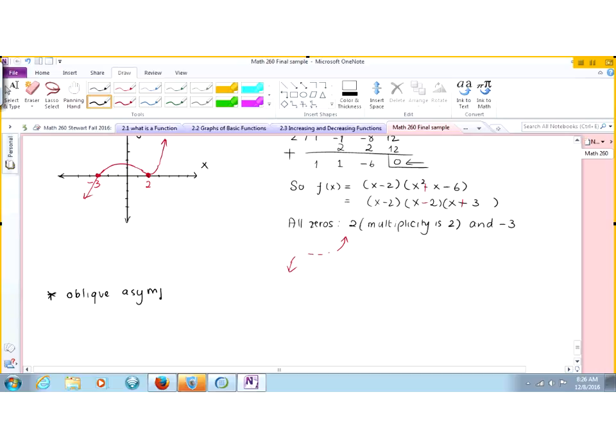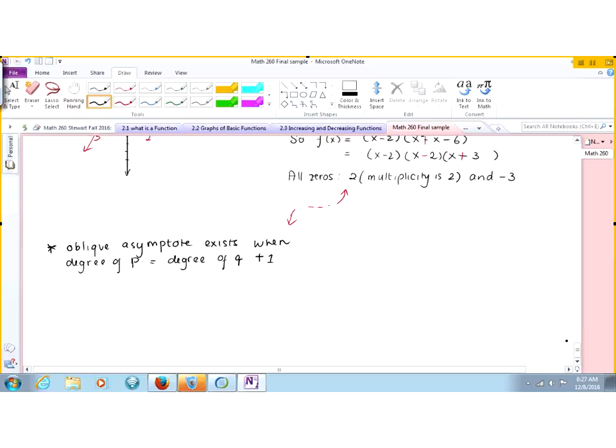So you have an oblique asymptote when the degree of P is equal to the degree of Q plus 1. And how do we find it?